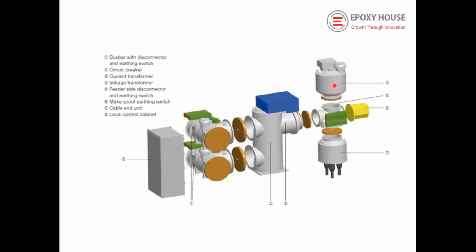Now the voltage transformer also has its own gas. Sorry, this is a spacer, and here there is one more spacer. It can have one spacer or it cannot have. It is not mandatory. So depending upon the configuration and customer specification, people choose which configuration they want to go with, whether the spacer is required or not. They decide depending upon the manufacturing and the requirement of the customer.